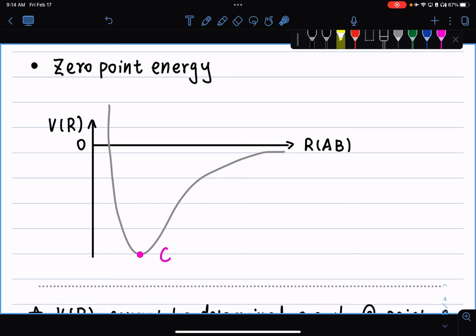So that's the theoretical equilibrium bond energy or potential energy. But in reality, there's always some fluctuation in your position when you're measuring it. And that fluctuation is called zero-point energy.